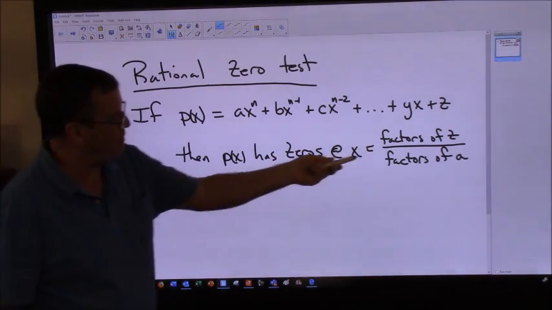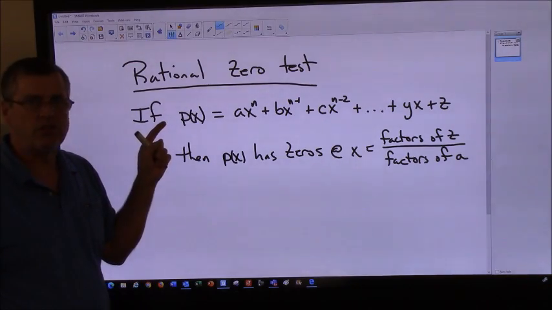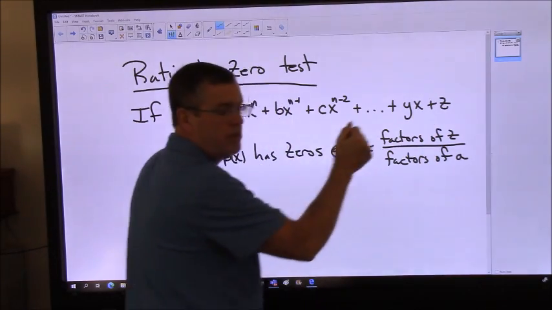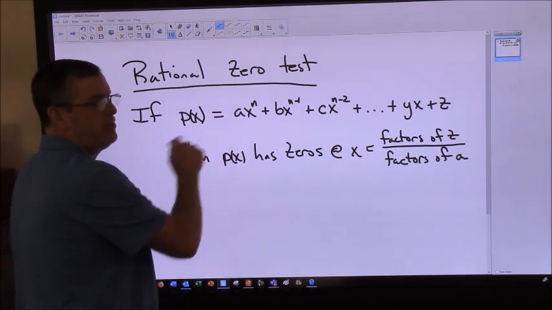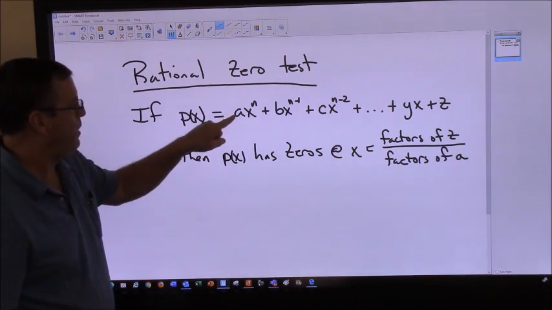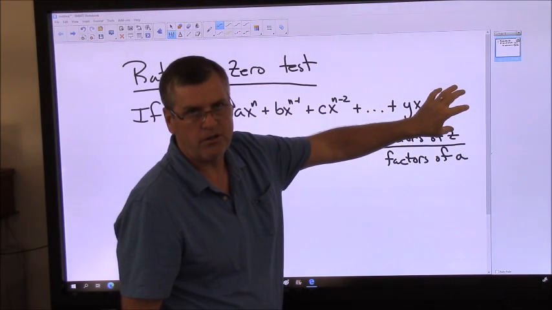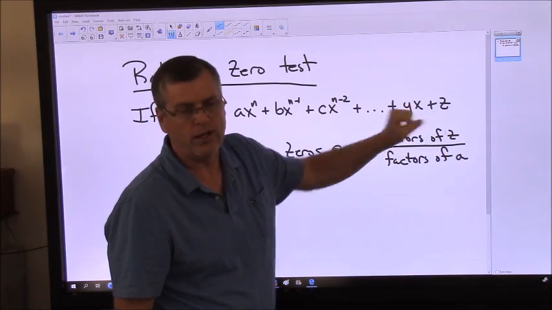And so that's why we see a fraction here. If there's a number that's going to work with synthetic division, it's got to be one of these factors of this number at the end divided by factors of this number here. And since 1 is a factor of everything, that means the factors of this number are included in that group. It's like a number over 1.